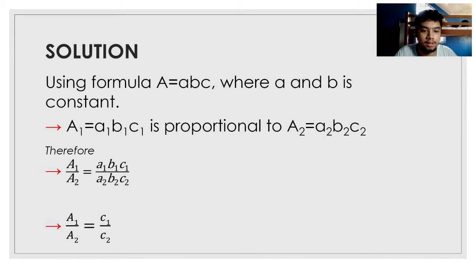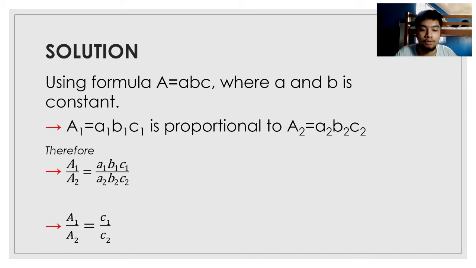So, representing A sub 1 is equal to small a sub 1 times b sub 1 times c sub 1, and it is proportional to the absorbance of the known, which is A sub 2 equals a sub 2 times b sub 2 times c sub 2.